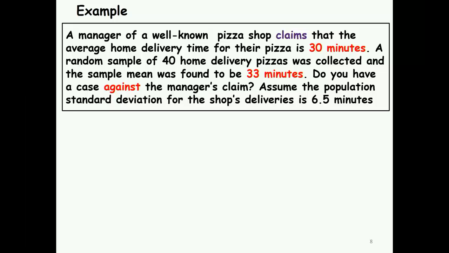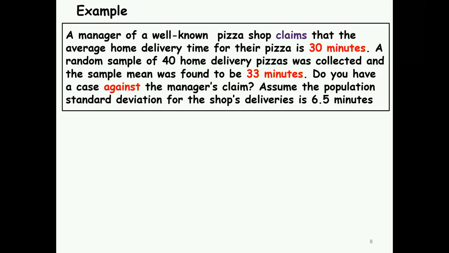Let us assume you want to open your own pizza shop and you want to test whether what this person is saying is really correct. A random sample of 40 home delivery pizzas was collected and the sample mean was found to be 33. Do you have a case against the manager's claim?